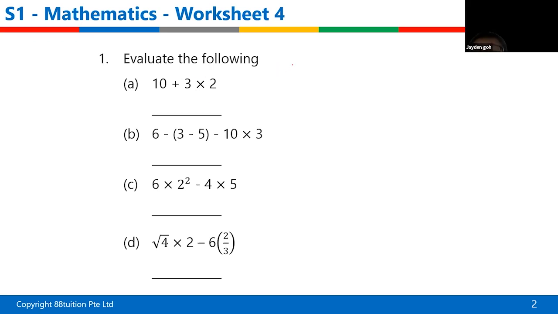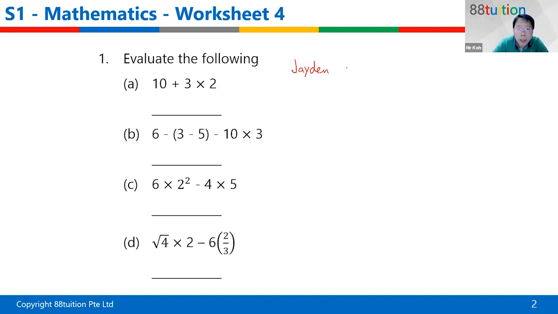For part D, are we allowed to use a calculator? Okay, if you can use a calculator, then you better not get it wrong, okay? Let me just quickly write down the three of you.